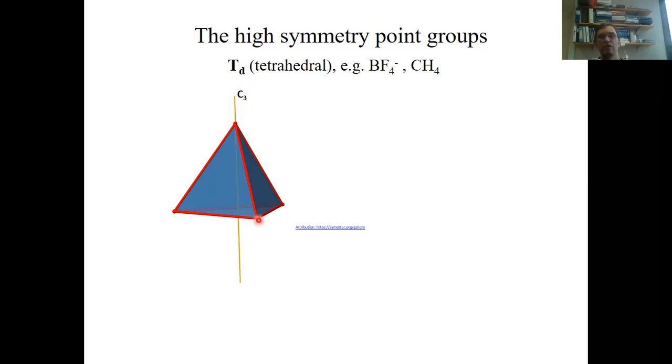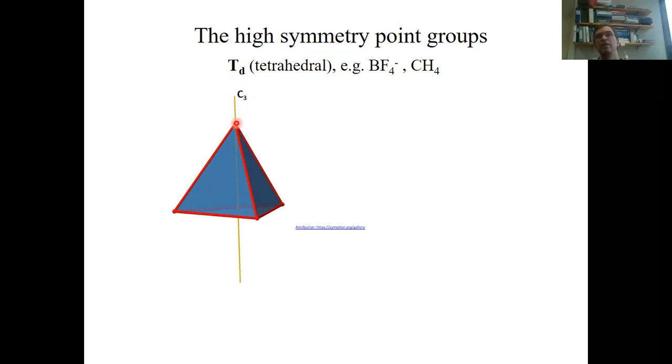Now consider that when you have a Platonic solid, all vertices, all edges, and all faces are equivalent. A tetrahedron has 4 vertices. So when one C3 axis goes through one vertex, how many C3 axes will we have?